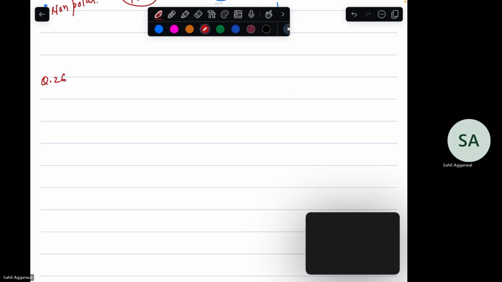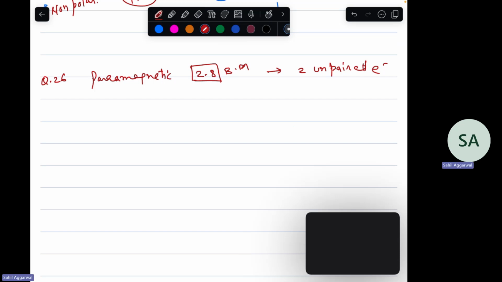26. How many of the following are paramagnetic? Paramagnetic and 2.8 BM चाहिए मैग्नेटिक मोमेंट. 2.8 का मतलब 2 अनपेयर्ड इलेक्ट्रॉन्स. 2 अनपेयर्ड इलेक्ट्रॉन्स किसके पास है? O2 के पास है.